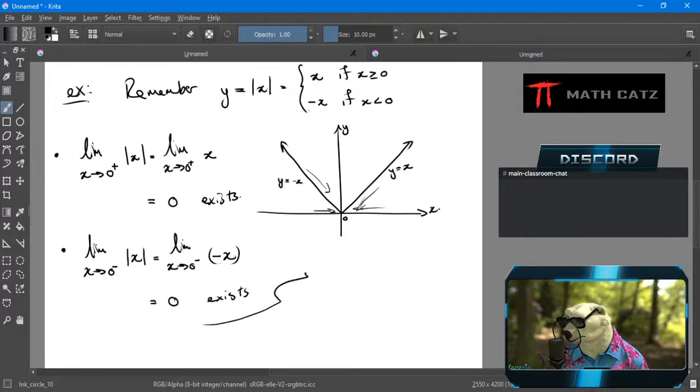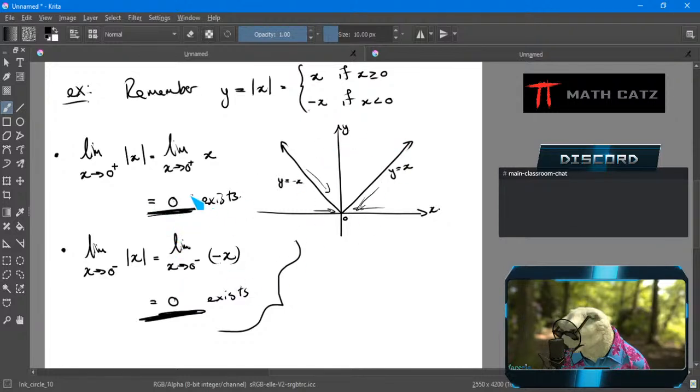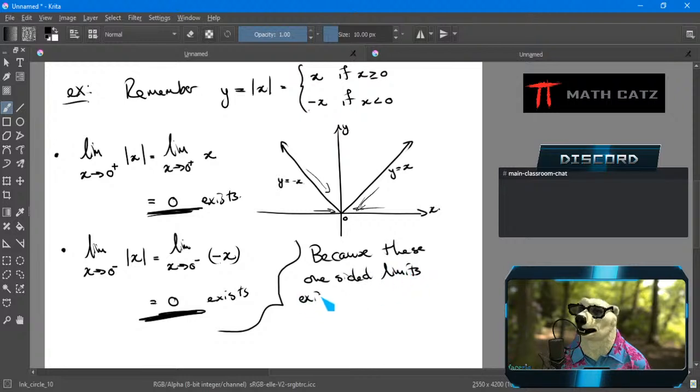I can then, that was supposed to be a bracket. My best attempt. I can now summarize this. Because the behavior is stable and predictable, the limit exists, and it is the same, because these one-sided limits exist and are equal.